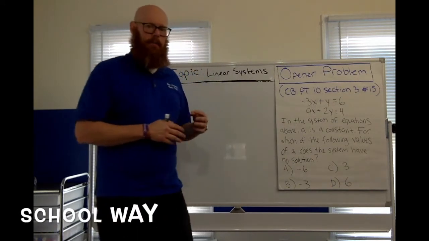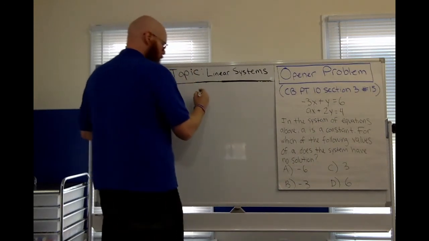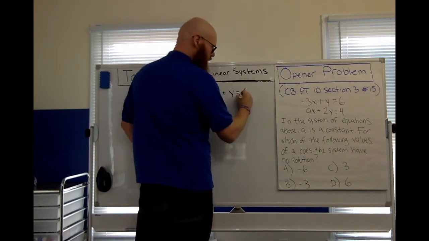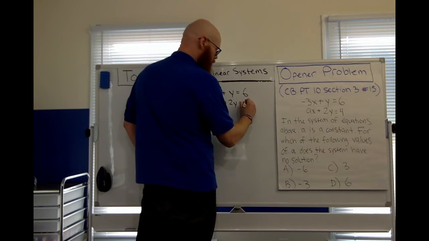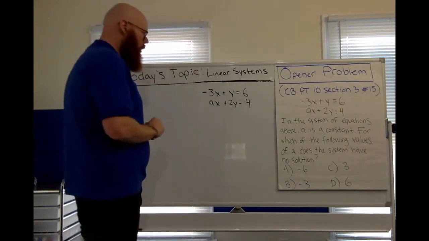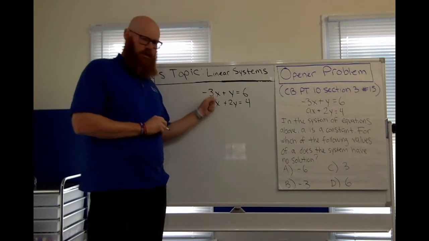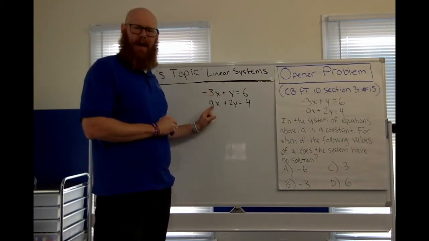So this is more of the school way to solve this problem. I have negative 3x plus y equals 6, and ax plus 2y equals 4. What I want to do is make the coefficients the same, but you can't do it for the x's because we don't know what a is.